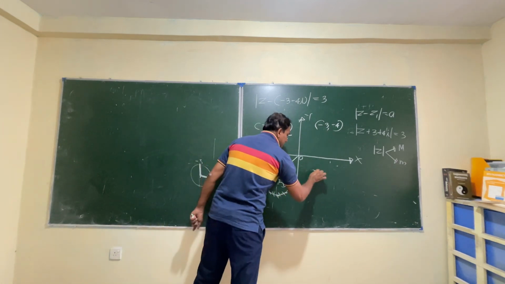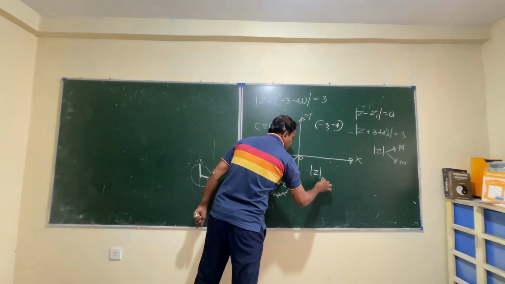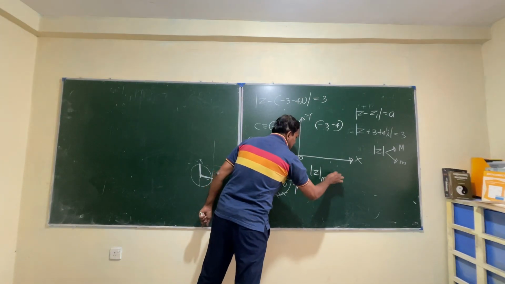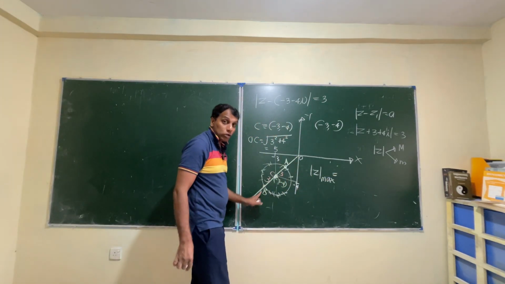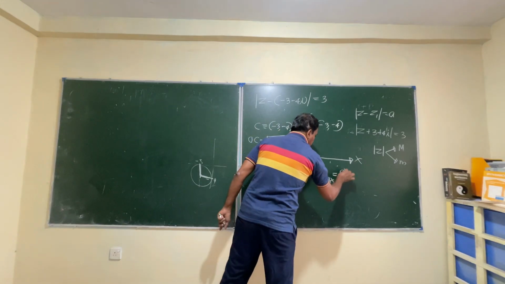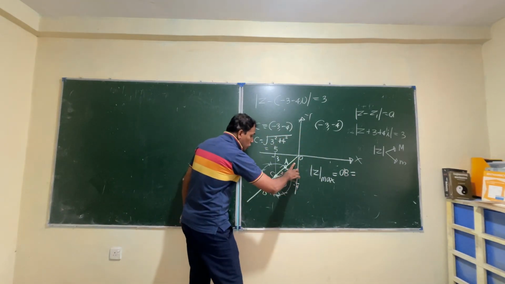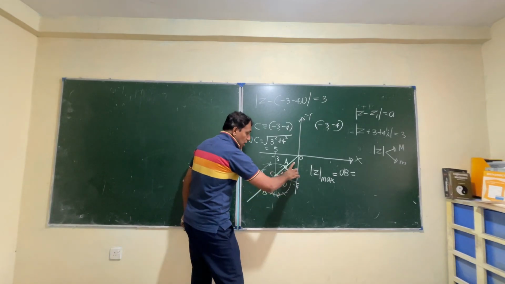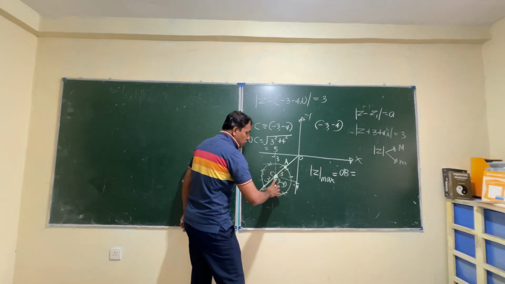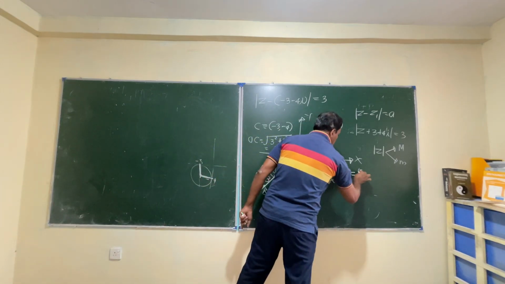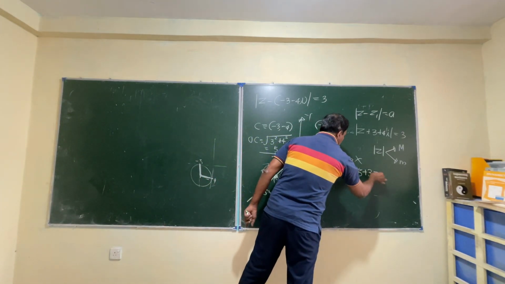Now for Z, the maximum distance from the origin is O to B. What is OB? OC plus radius. So 5 plus 3 is equal to 8.